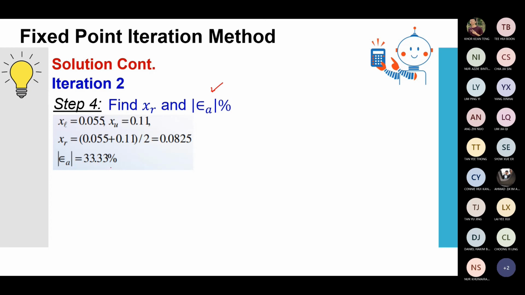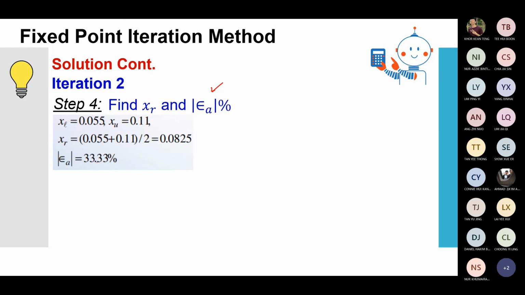Every time you conduct the relative approximation test, it shows you your direction, whether your attempt to get the root value is going the right way in obtaining the root. So remember that every time you do that test, your approximation percentage will be reduced.